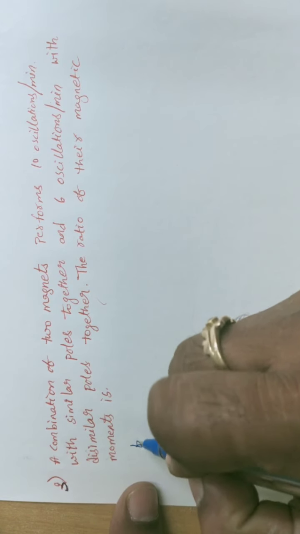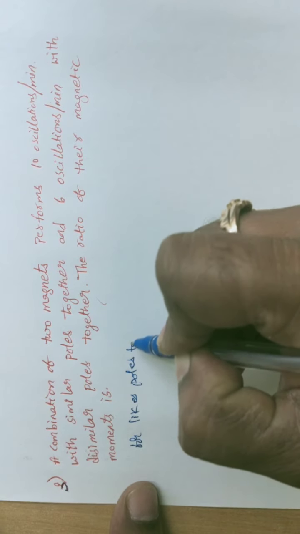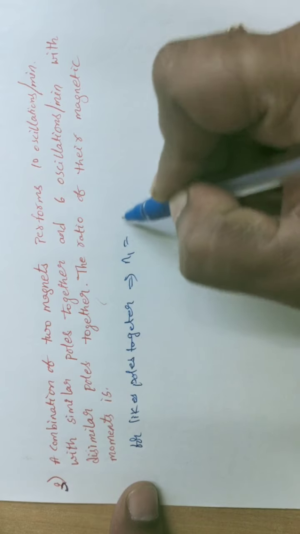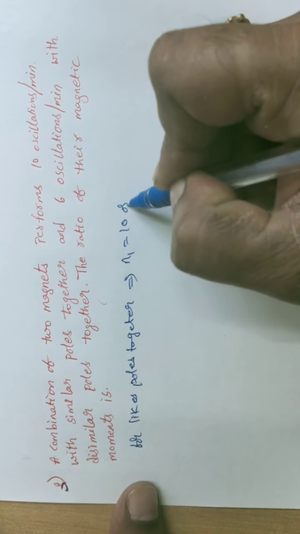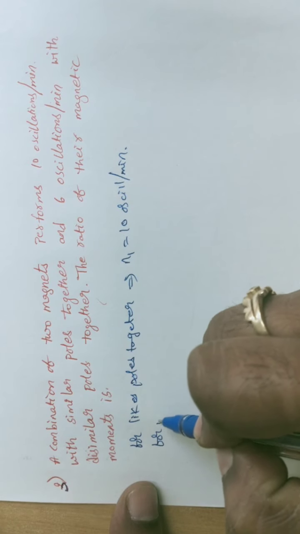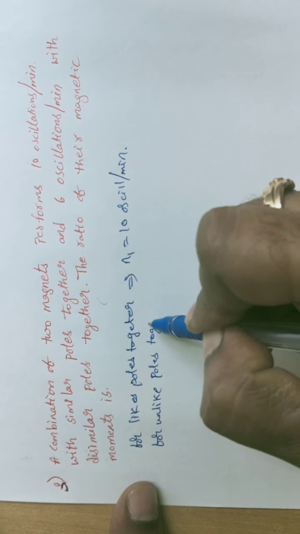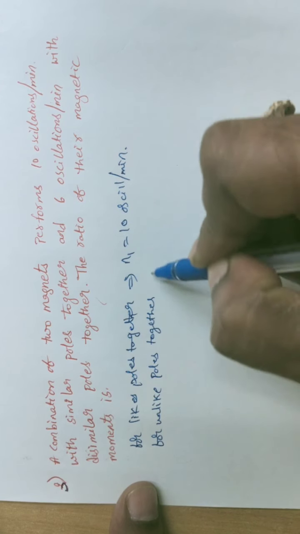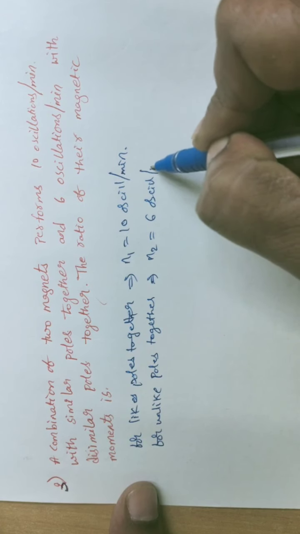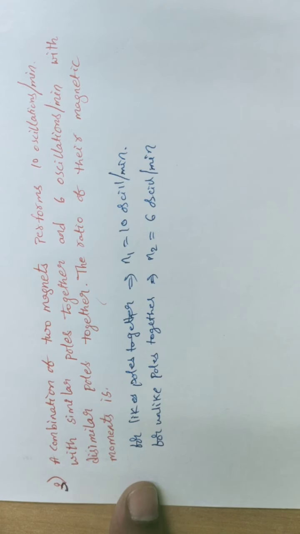Here for like poles together, let the frequency n1 be 10 oscillations per minute, and for unlike poles together, the frequency n2 is 6 oscillations per minute. I am taking this as the first frequency and this one as the second frequency.